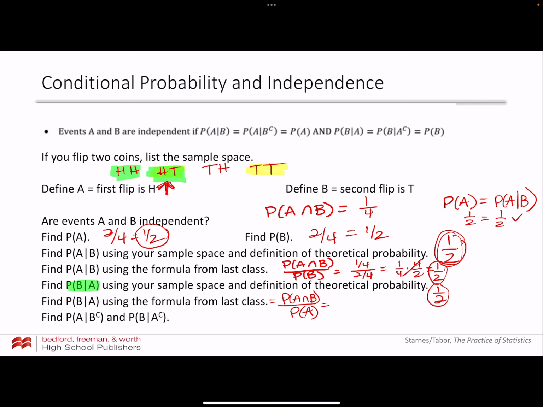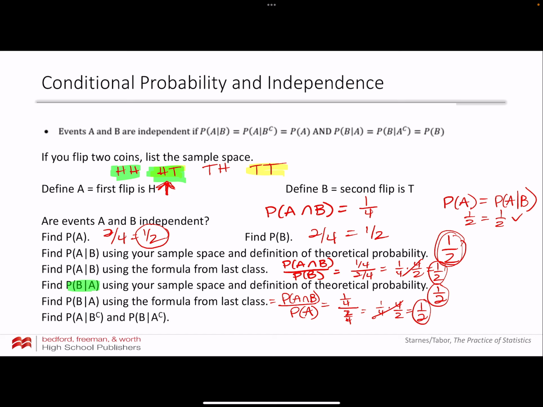So the probability of A and B, remember, was 1/4. The probability of the given was 1/2, or I'll make it 2/4. It'll be easier for me to do the math here. So 1/4 times 4/2 is 1/2, right?